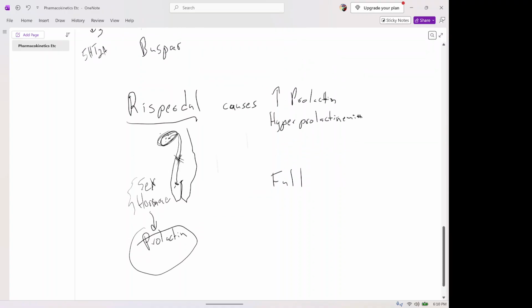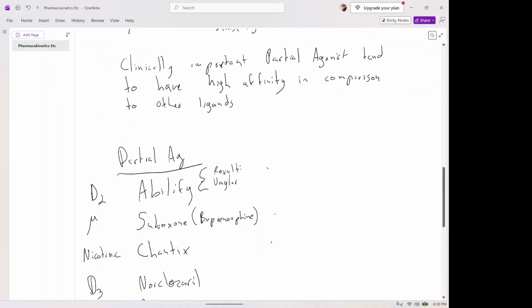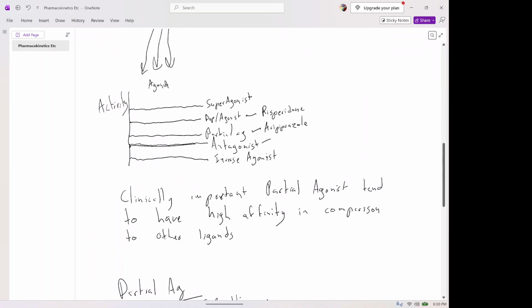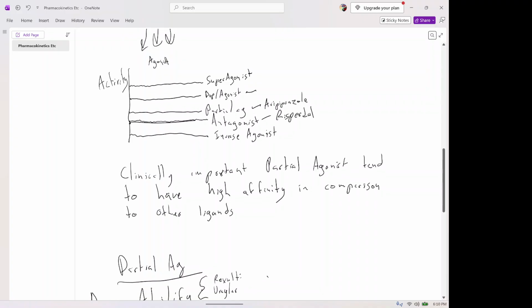If I'd been just, I'm really trying not to confuse you guys, but confusing myself. All right, how have I been doing that? Risperidone is an antagonist. Oh my god. So risperidone is an antagonist.